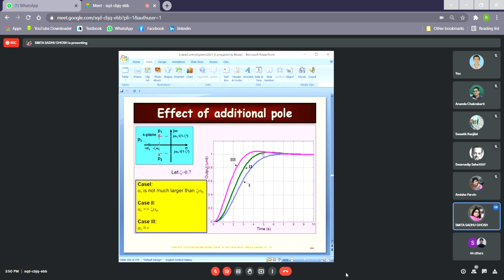Of course, we still see the effect of the second order pole pair as well as the effect of the additional pole. And for case 1, alpha r not much larger than zeta omega n, we find this is the case.